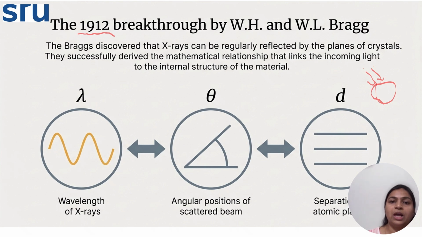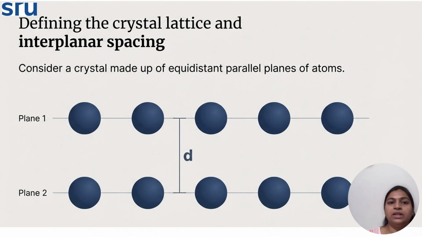So now let us derive Bragg's law step by step. First of all, define the crystal lattice and interplanar spacing. Consider a crystal made up of equidistant parallel planes of atoms.